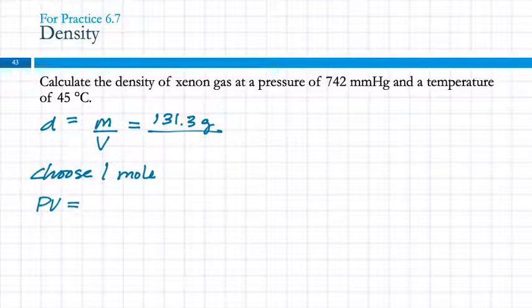And I'm going to use the ideal gas law to find the volume of this gas, because this is not STP. So the volume of the gas is nRT divided by P. Well, what's n?